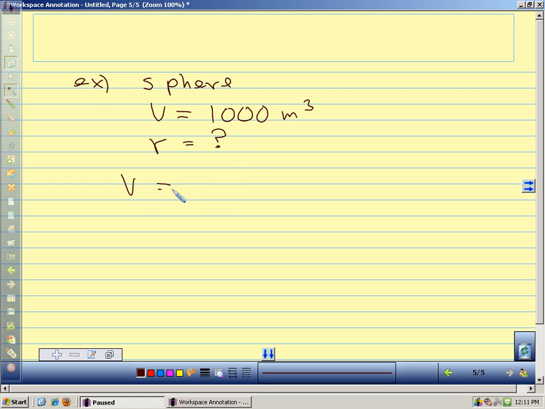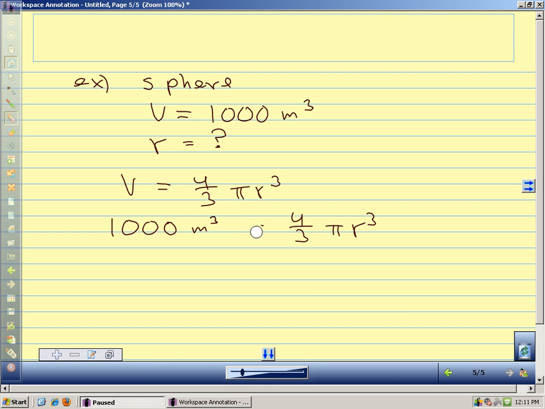So our volume, we know, is 4/3 pi r cubed. So we're going to plug 1,000 cubic meters in for the volume. And that equals 4/3 pi r cubed. And we need to find r. We need to get r by itself. So to get rid of this 4/3, I'm going to multiply by the reciprocal, 3/4.